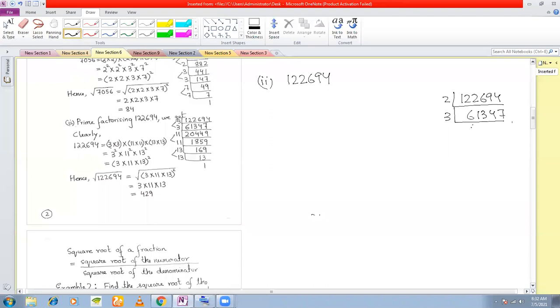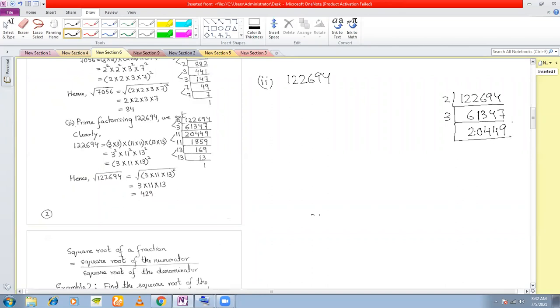Then we get 2 0 because you have a 13 here. The 1 is not divisible by 3, so you place a 0. Then 12, then you get 13. Divide 13 by 3 to get 4, and then you get 12, and then you get this 20449.